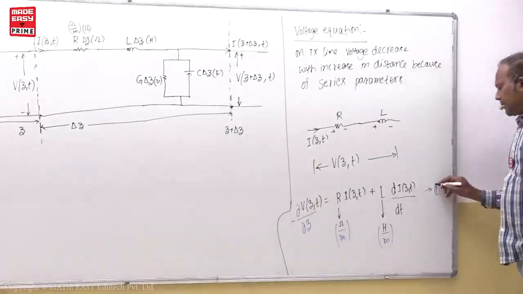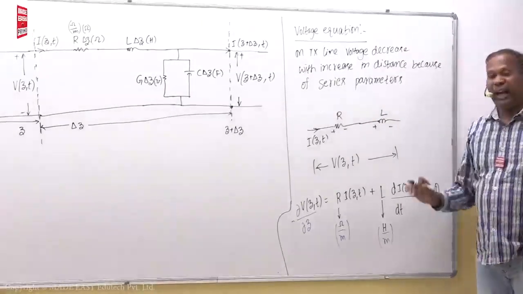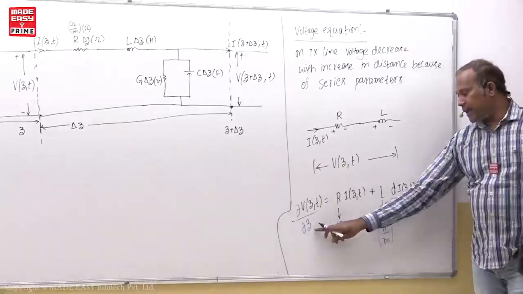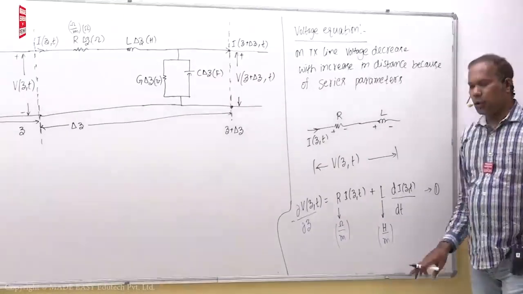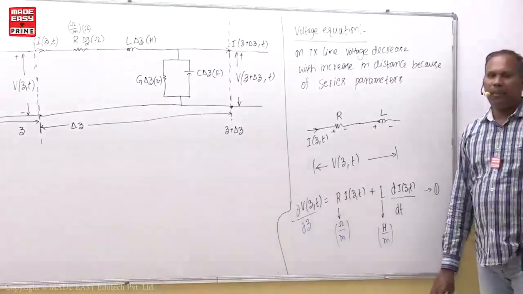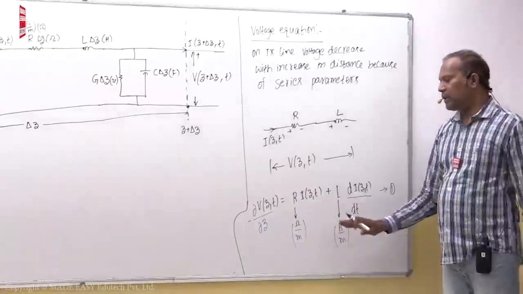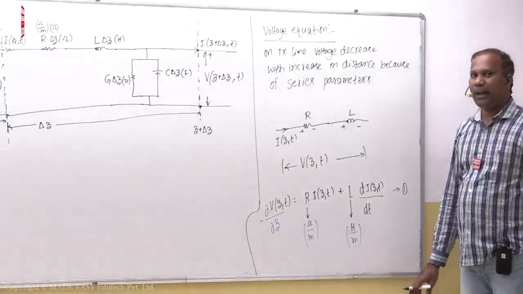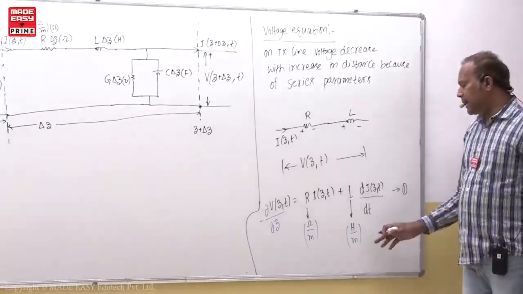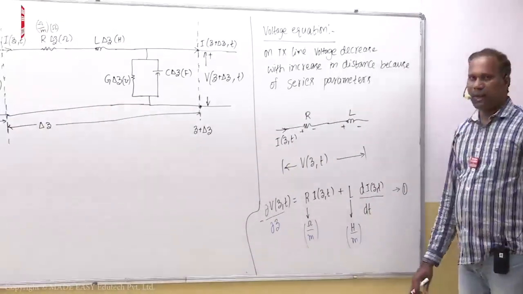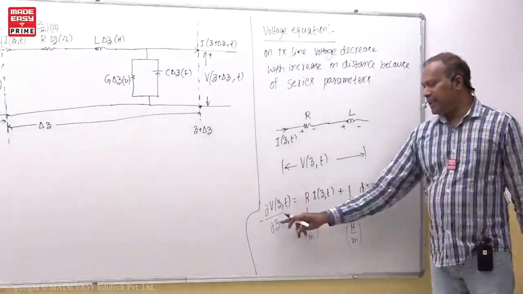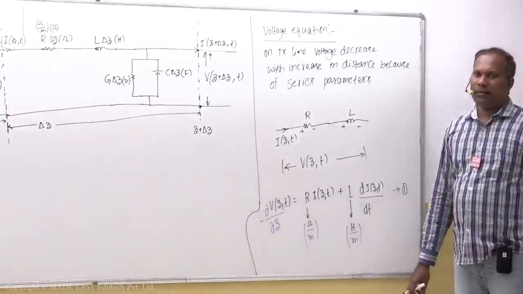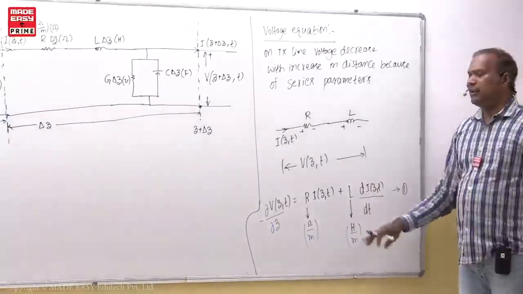Dear students, as already seen in uniform plane waves, here z is there and time differentiation is there, so two independent variables are there, and it is difficult to solve. That is why we go to the phasor domain or steady state domain. In steady state, d by dt is replaced with j omega, and then only dV by dz remains. If a single variable is there, it is easy to solve.